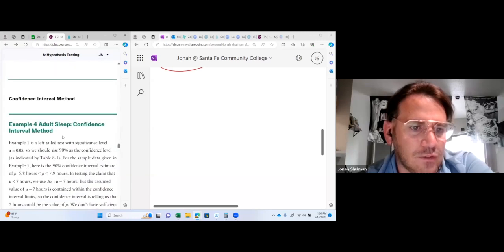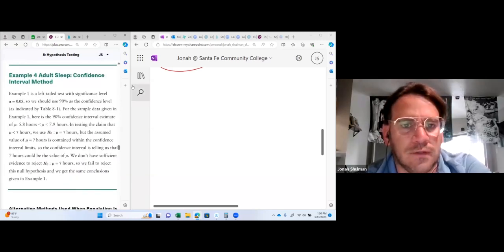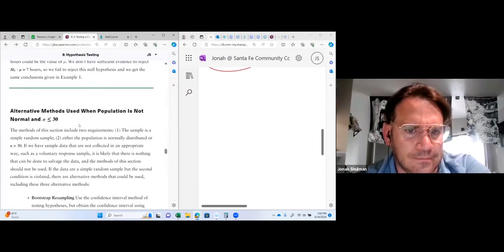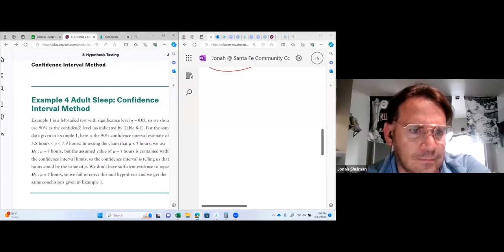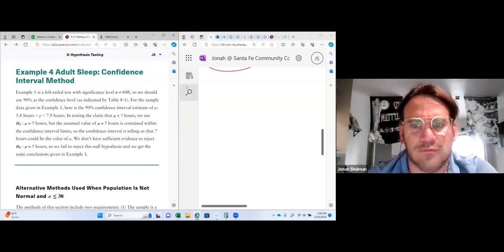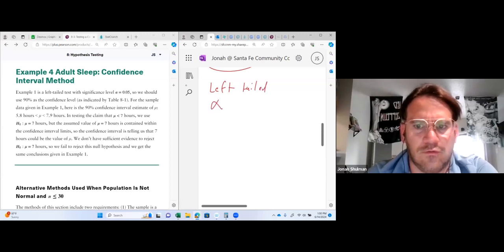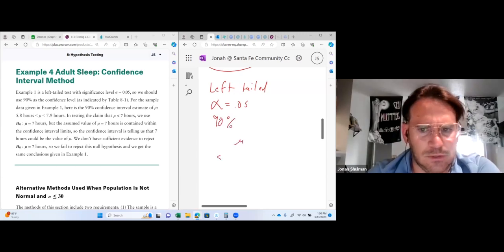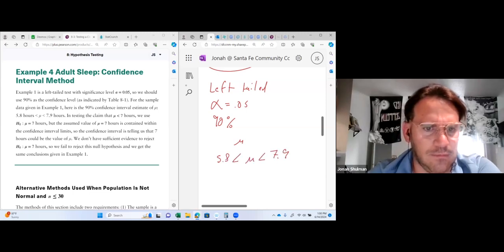All right, let's do the confidence interval, something new for me. Example 1 is a left-tailed test with significance, so we've got left-tailed. Our alpha is 0.05. We want to be 90% confident. And then we have this, which says 5.8 to 7.9.